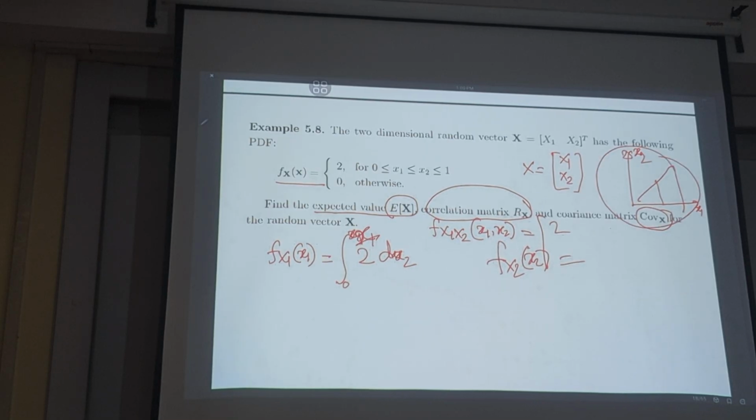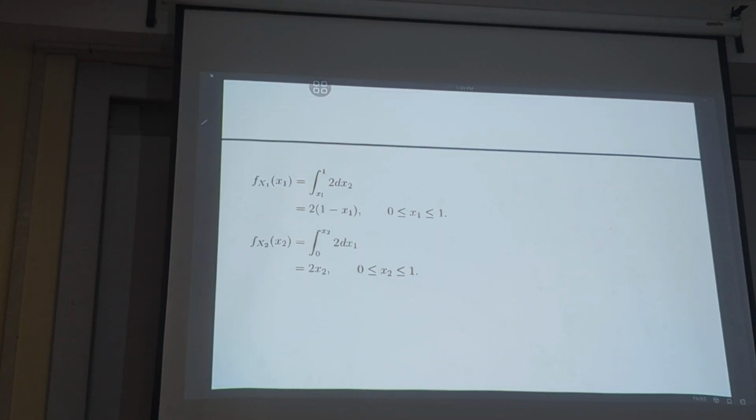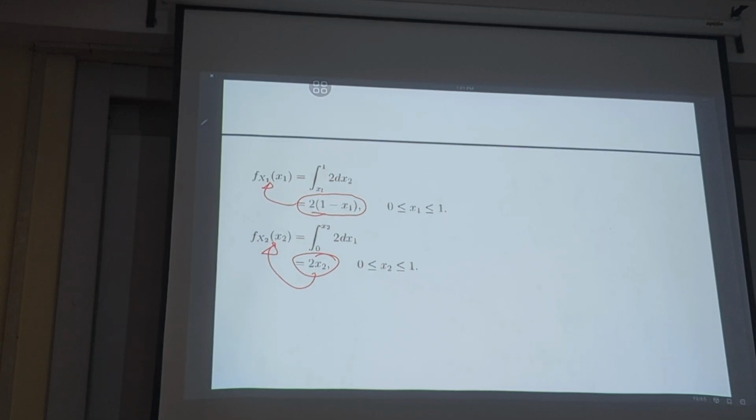The diagram is, that's why for a particular value of x1, x2 is from x1 to 1, and for a particular value of x2, x1 is 0 to x2. That's why this is the marginal PDF of x1, and this is the marginal PDF of x2, just x1 and x2 are reversed. And once you have this one, can we calculate this one?